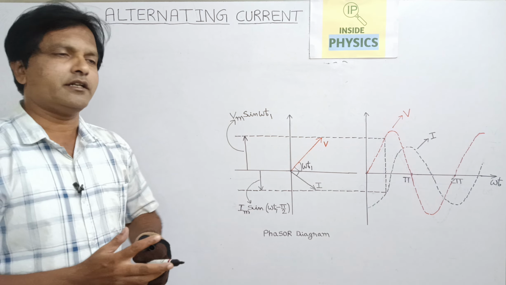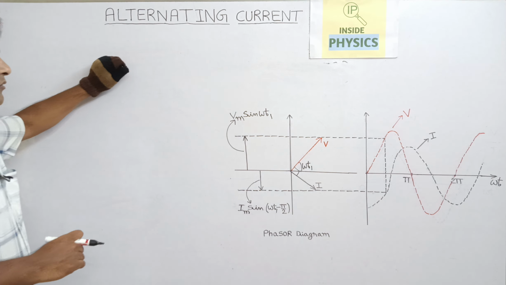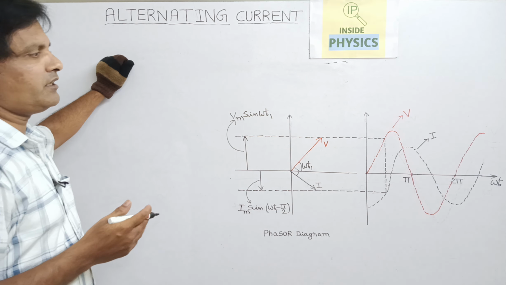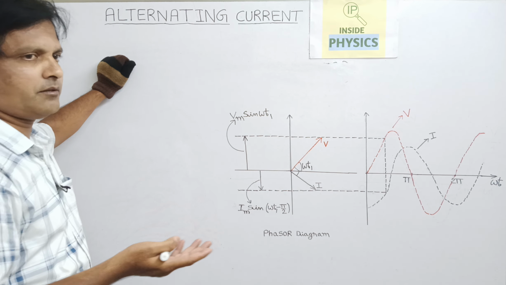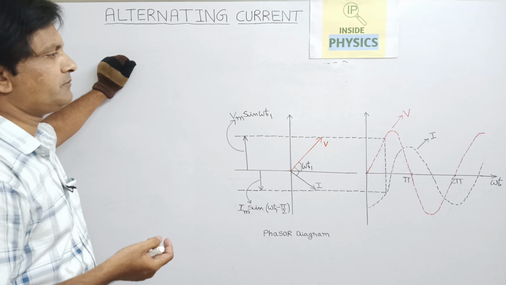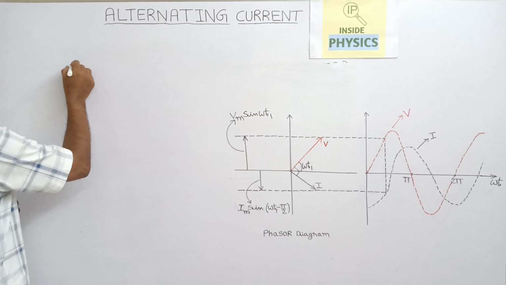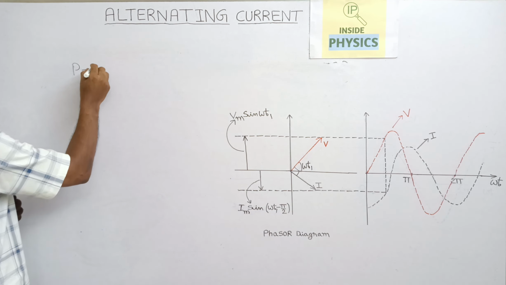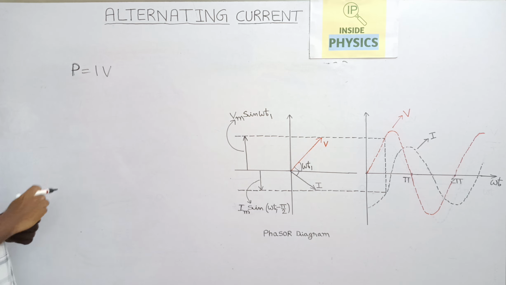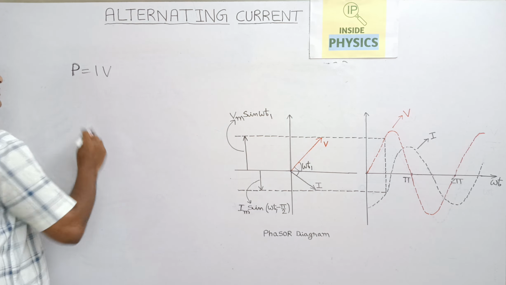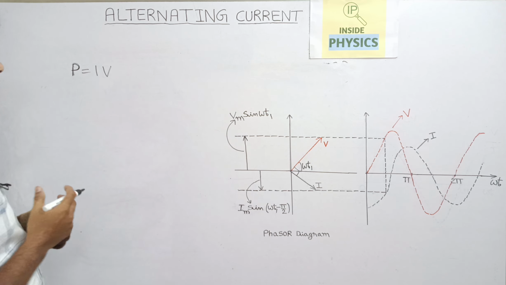So here we calculate whether the inductive circuit also has some power consumption. For that we need the formula P = IV, the power dissipated, that means power wasted.